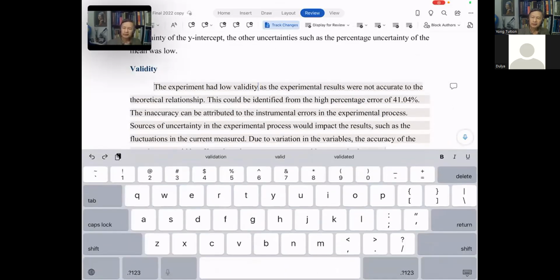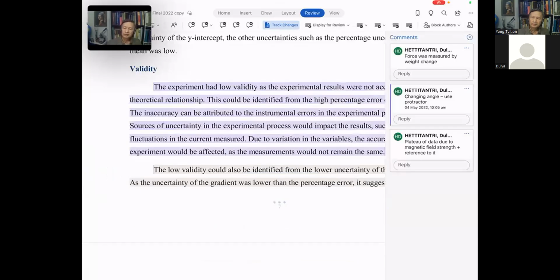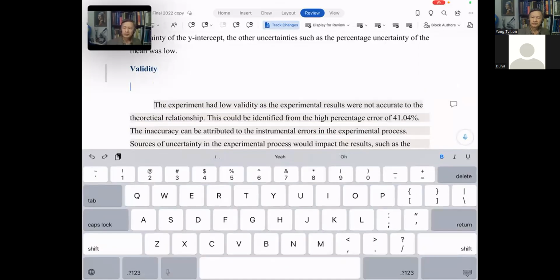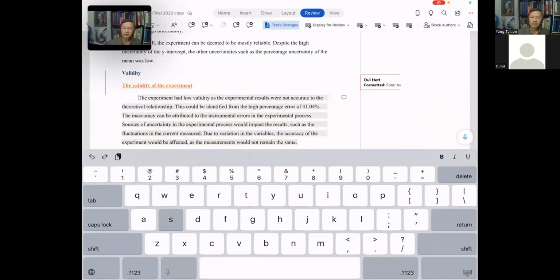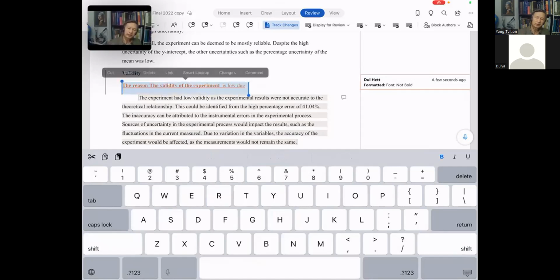The validity of the experiment is low. The reason, can you start from the reason, can you guys put in just English. You can say it could be argued that, make it more formal.